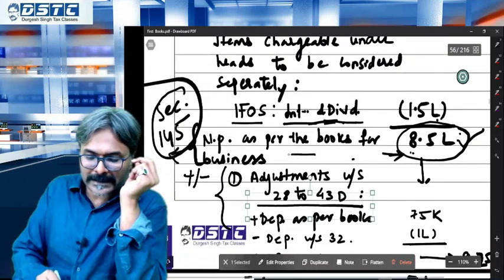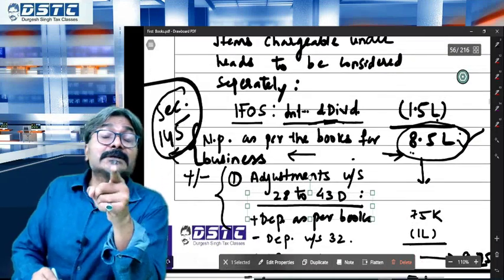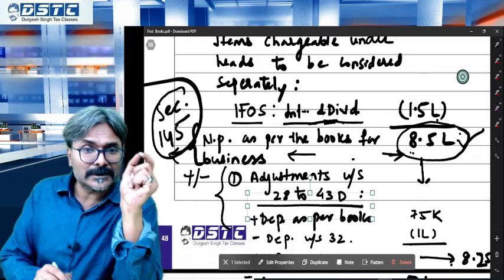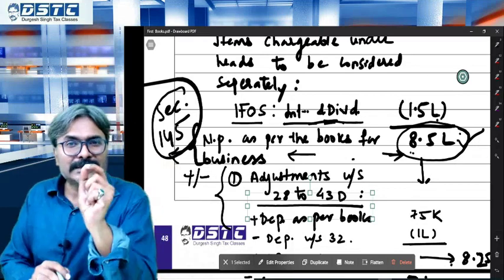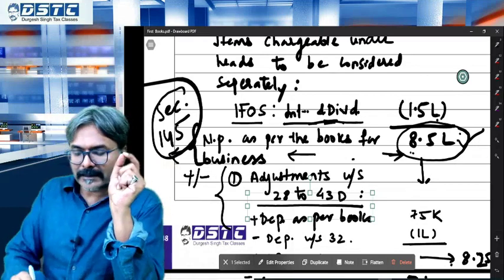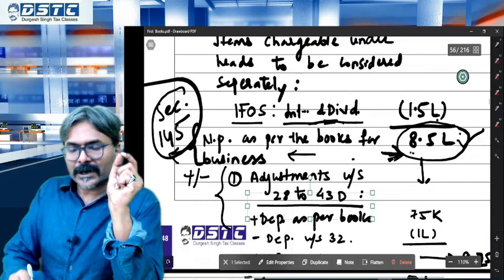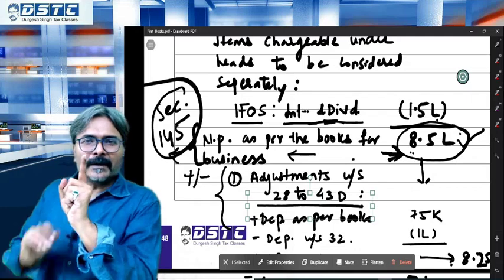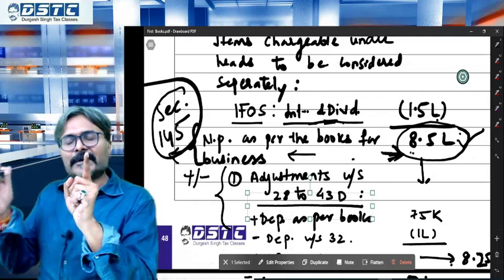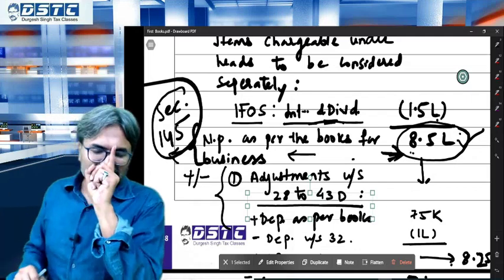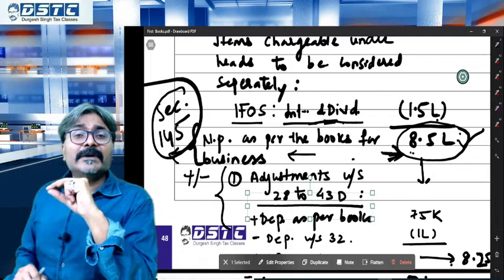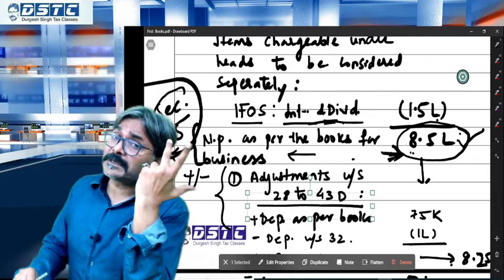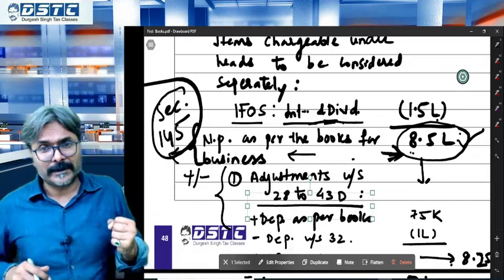Allowed on what basis? As per the commercial accounting principle, which needs to be considered while determining the income chargeable under this head, because it is on that income, as per the commercial accounting principle, that we give the further adjustments under the head PGBP.